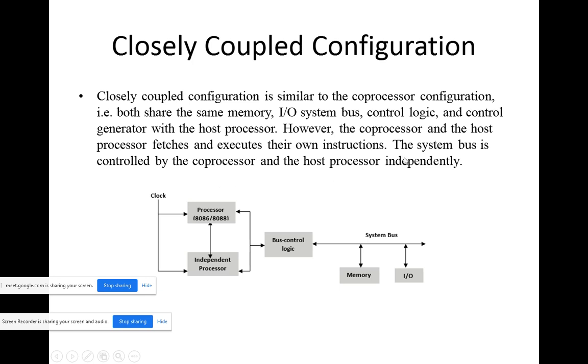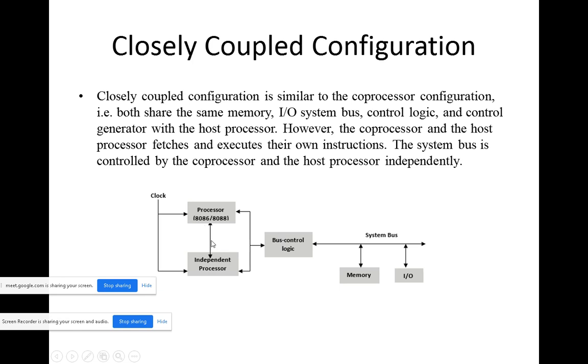So the core processor will have some set of instructions to execute and fetch. In the same way, the independent processor also will have a set of instructions to execute and fetch. Okay, but the system bus will be controlled by your core processor, but the host processor will work independently.